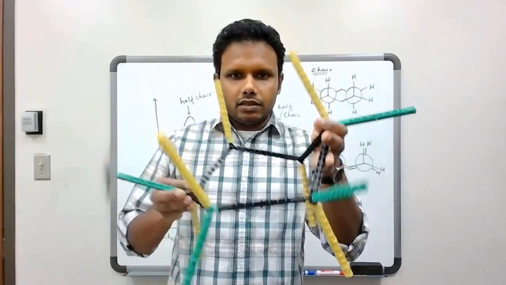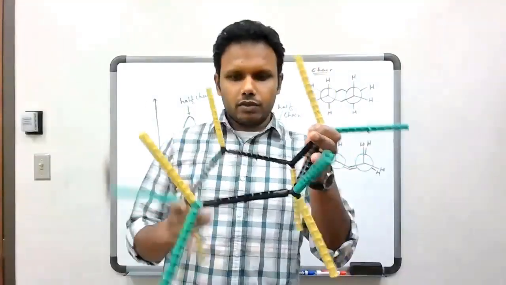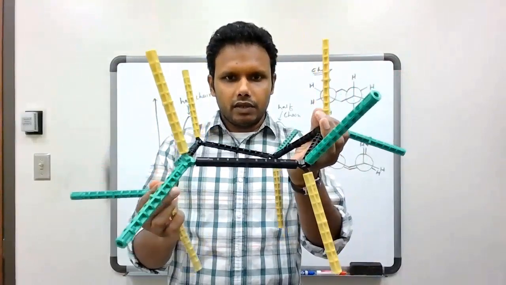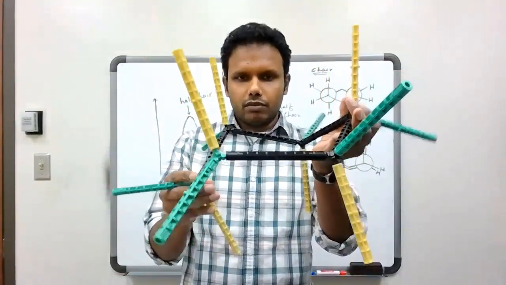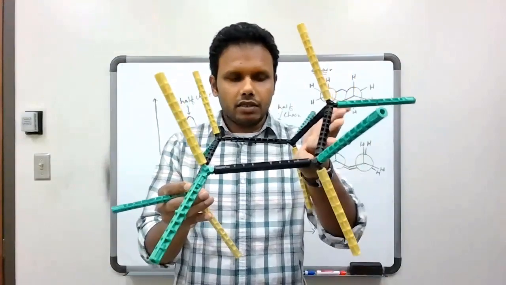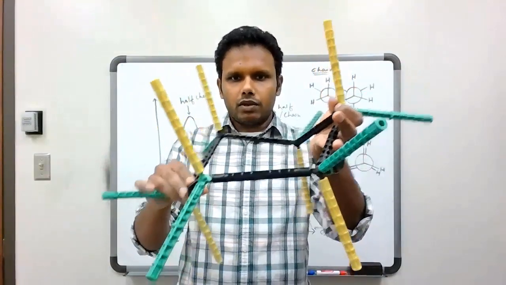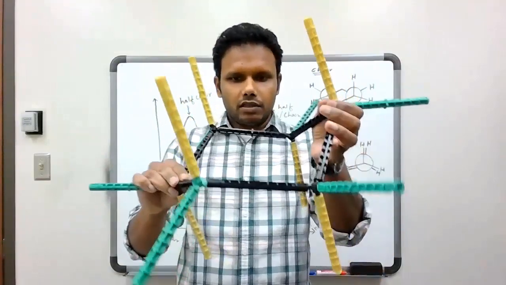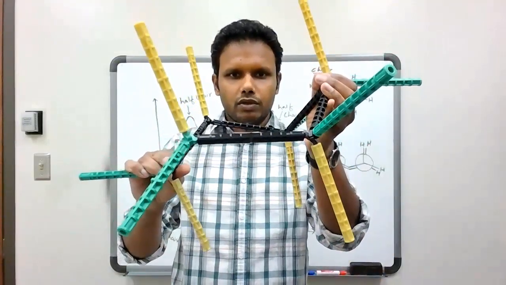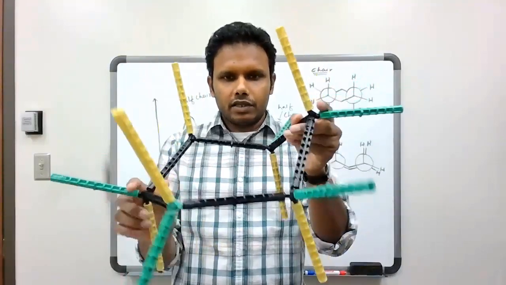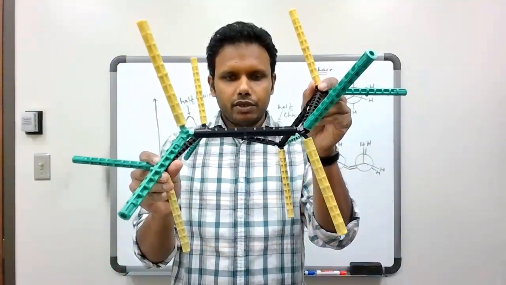There is a seat, which is the flat portion of the molecule, and then we have the footrest, which is in my right hand. In my left hand, I'm supporting the headrest, and my right hand is holding the footrest. And then we have the flat portion of the molecule, which is the seat. So cyclohexane can adopt this chair conformation.